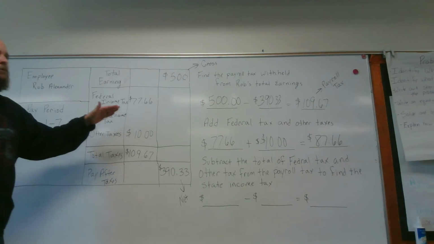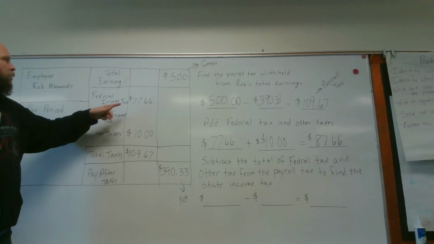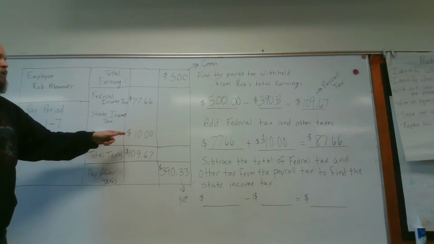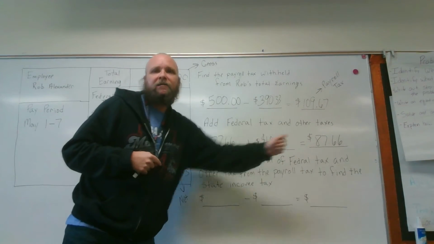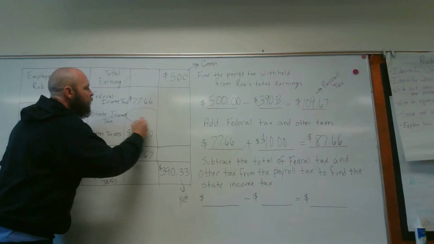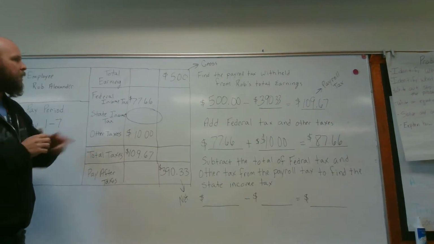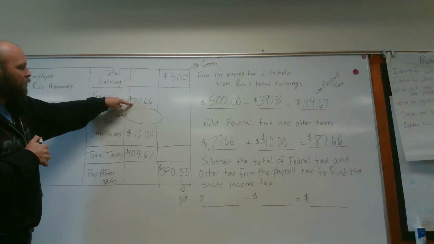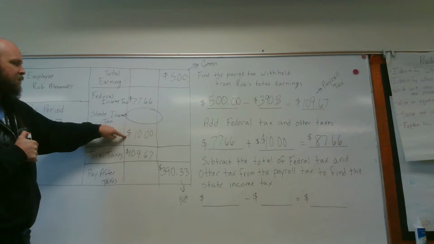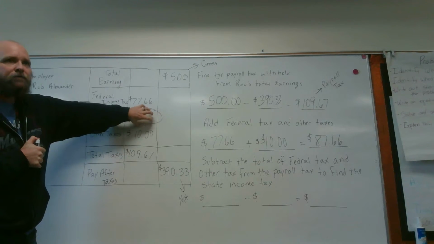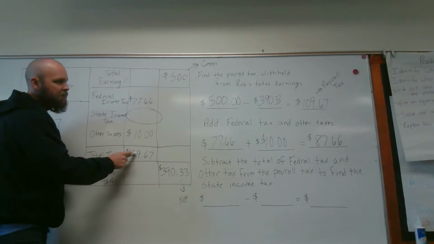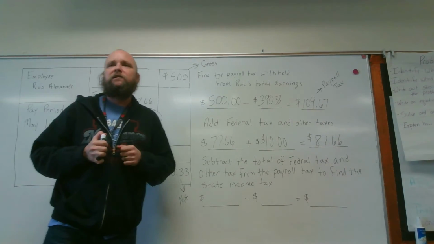I know, Savannah, I know, Miss Davis needs you. I know that the federal income tax and the other taxes adds up to $87.66. I don't know this amount, but I know $77 and $10 is $87.66. And this amount is going to be the difference between this and $87.66.